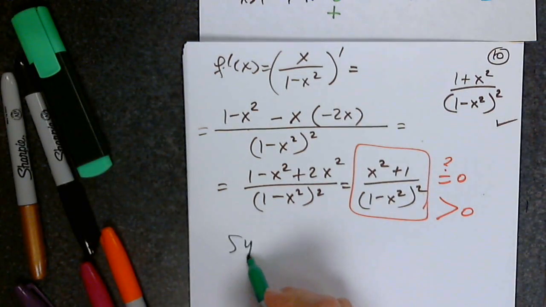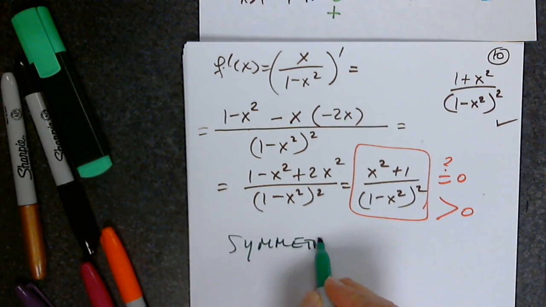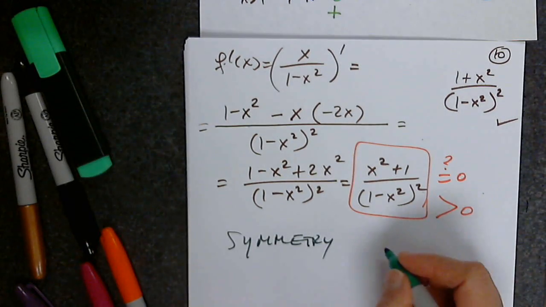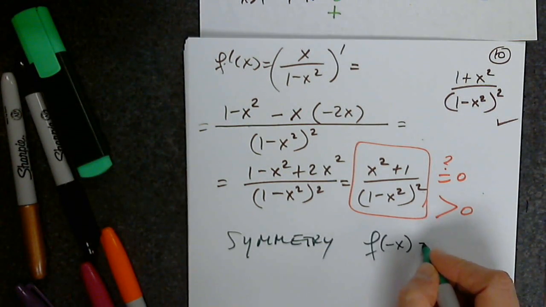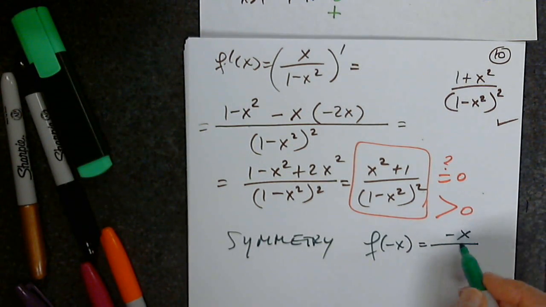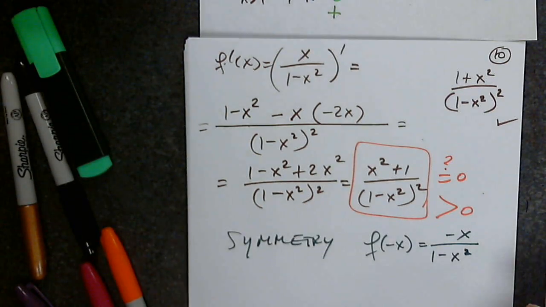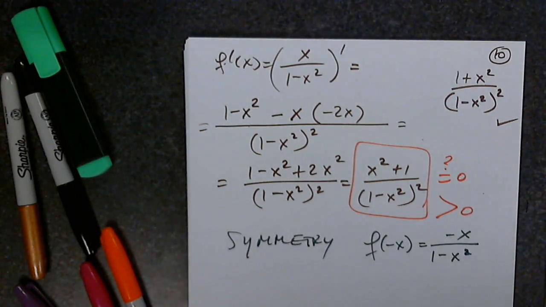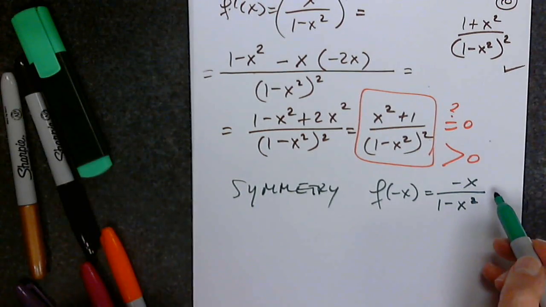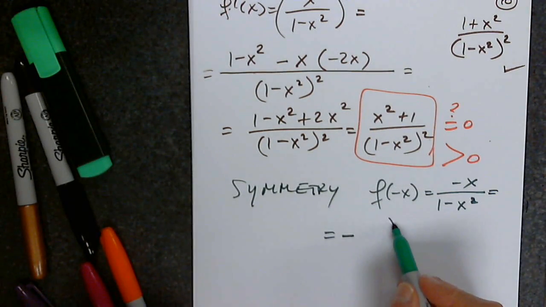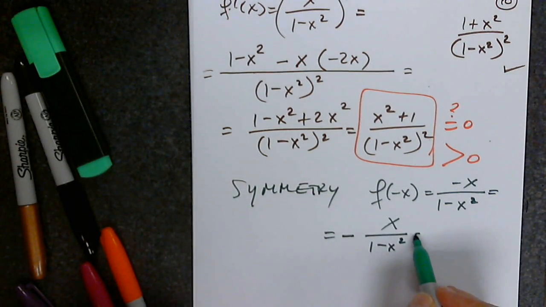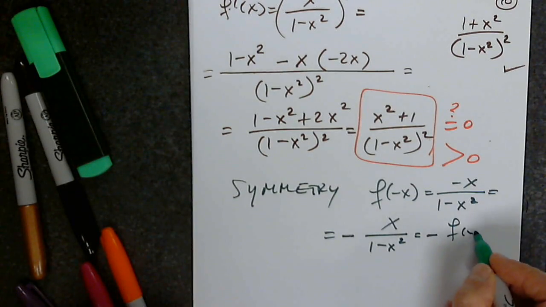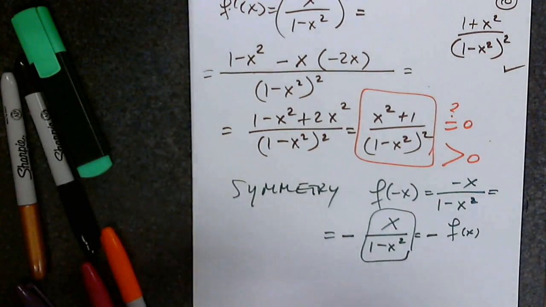So now for symmetry, we have to find f of negative x, which is negative x over 1 minus x squared, because x squared does not change. It is the same thing as negative x over 1 minus x squared, or the opposite of f of x, because this is f of x.